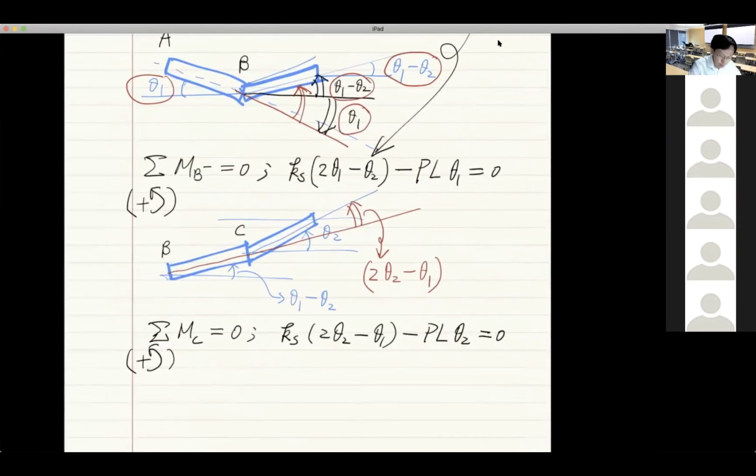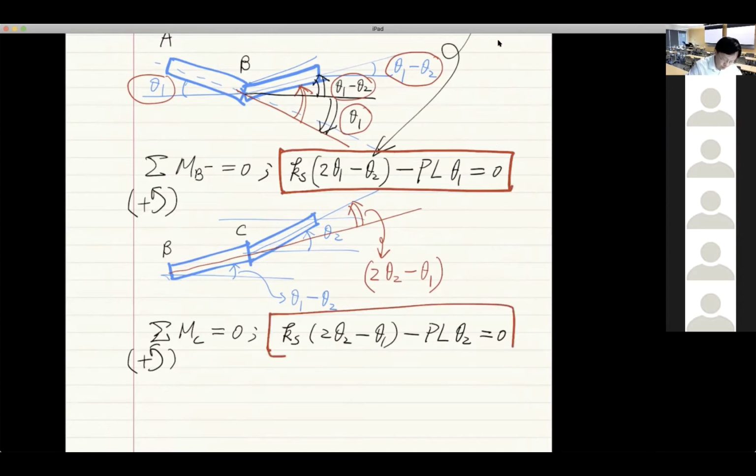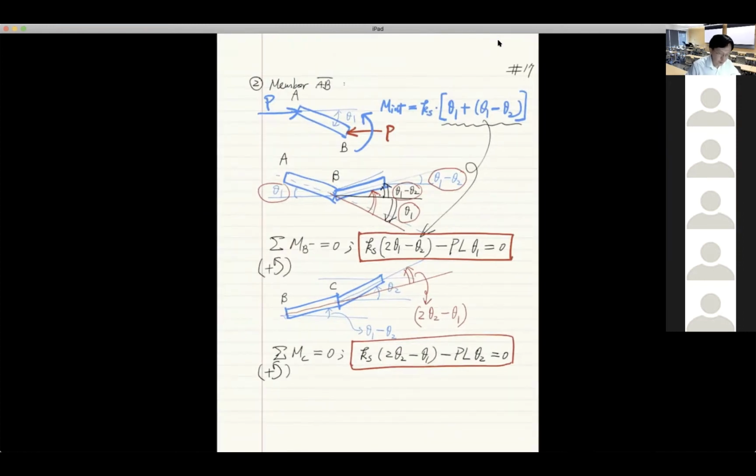Now, if we look at these two expressions, we can actually put them in a matrix form.